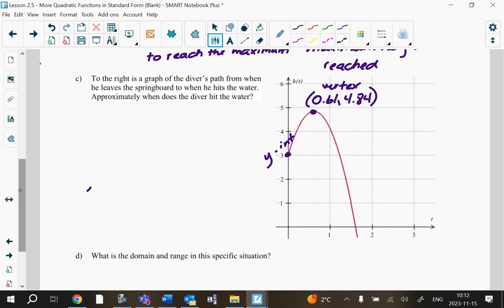How would you determine when you hit the water? Can you do it? Do you have to use algebra? Do you have to do calculations, or can you figure it out from the graph? Yeah, isn't it this point here? What time is that about?